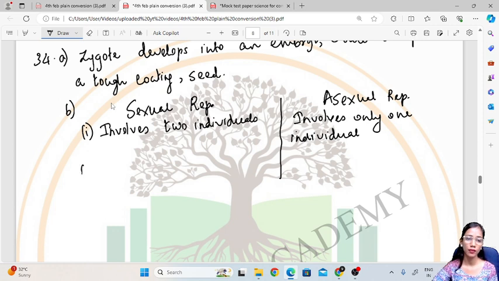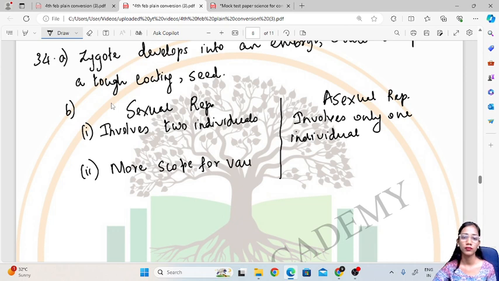And the second one is that in sexual reproduction there is more scope for variation because two individuals are involved. Over here in asexual reproduction there is no or very little scope for variation.